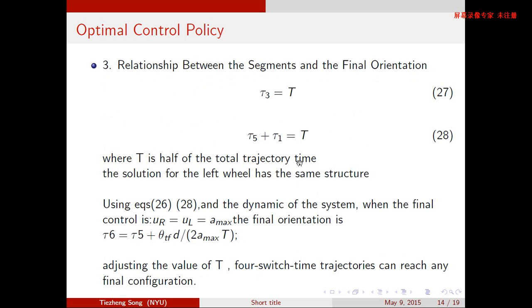Now this is the relationship. This is the solution for the right whale.